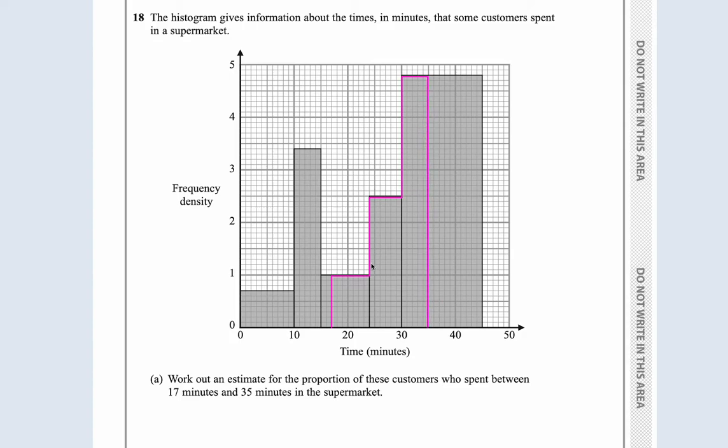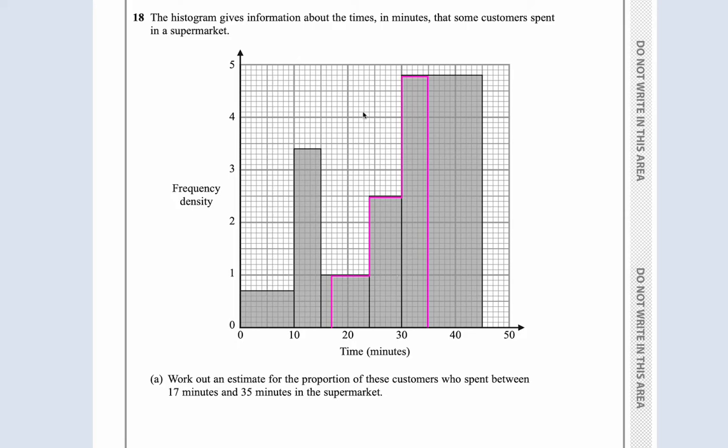Okay, so note, guys, the area, this is the most important thing in histograms, the area gives us the frequency. This is not the frequency, this is the frequency density. So it's the area that tells us how many people. So if he wants a proportion, the proportion of these customers who spent between 17 and 35 minutes, we need to find out what fraction of the total this is, essentially.